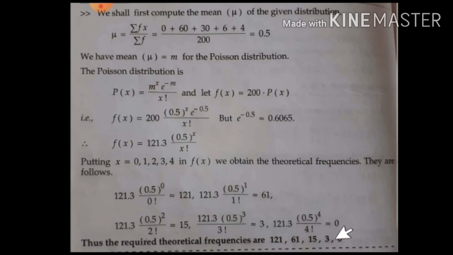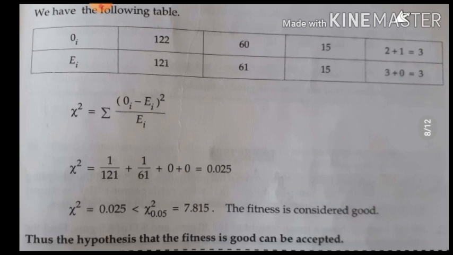So 3 plus 0 when grouped gives a theoretical frequency less than 10. In that case, you add these two frequencies. When you add these two frequencies in the theoretical values, in the observed values also you need to add them. So here you can observe that in the observed frequency, the last two values are added, 2 plus 1, 3, and the theoretical frequency that we obtained is also added.